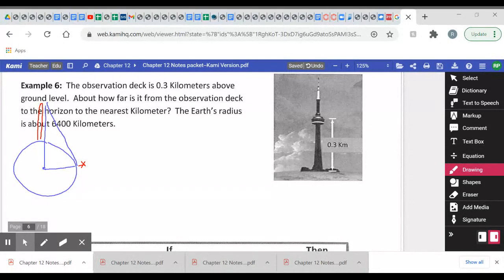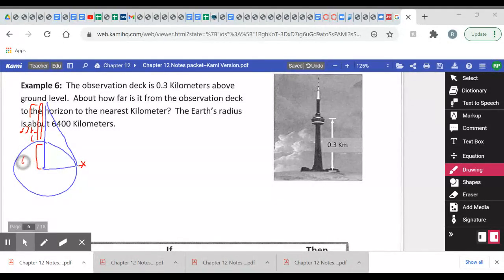So in this particular question, it says the observation deck is 0.3 kilometers above ground level. So that's what this length is representing. From here to here is our 0.3. Okay, and then it says that the Earth's radius is 6,400.